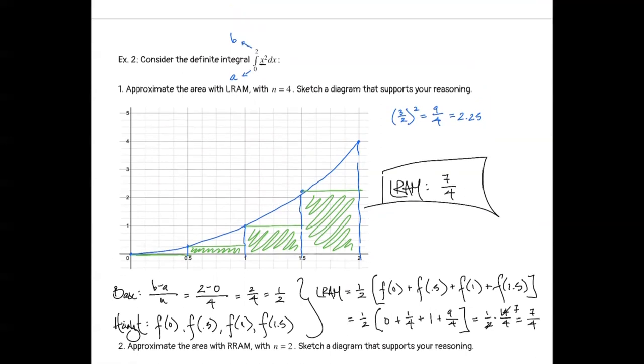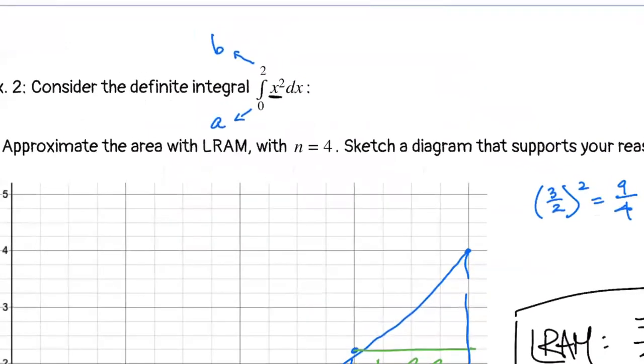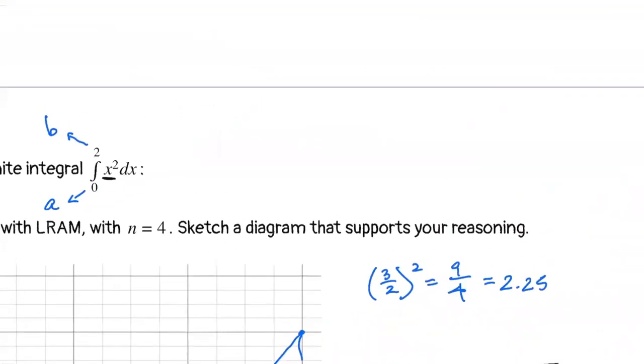Now, I'm going to ask a question that maybe those of you who have taken calculus before can help me with, okay? So let's say that your teacher gave you this problem. Does anybody remember what you would do?